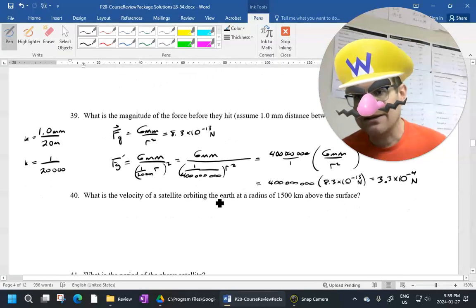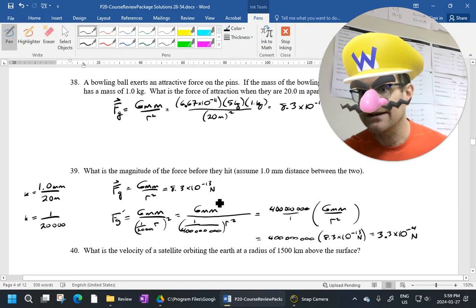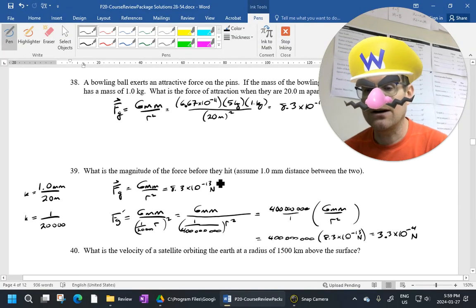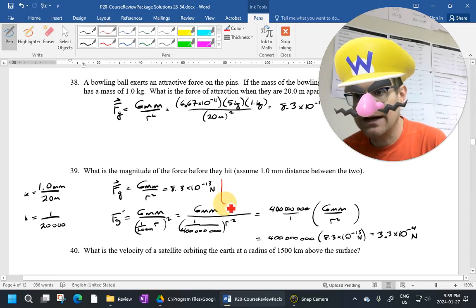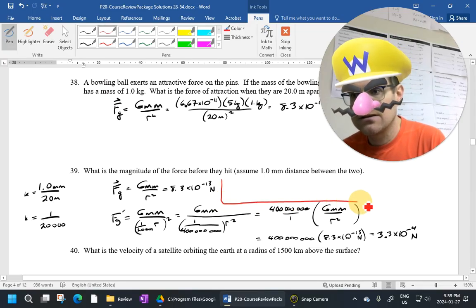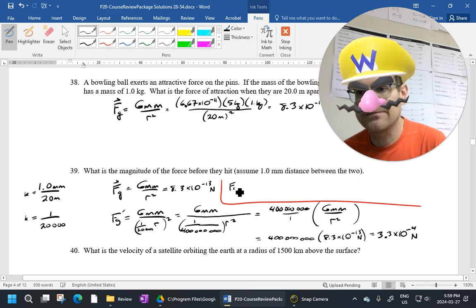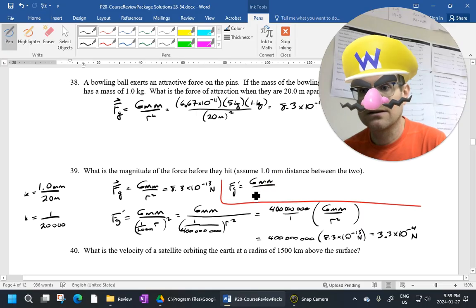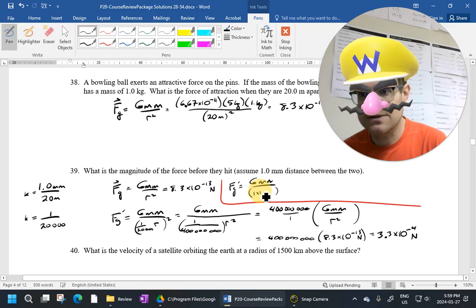Okay, you might be thinking, why did he do it that way? I could have just recalculated it, right? Rather than doing all that, why not just recalculate this number? So I could have just said, okay, my new force, I could have gone GMm over 1 millimeter, which is really small, 1 times 10 to the negative 3 meters, squared.